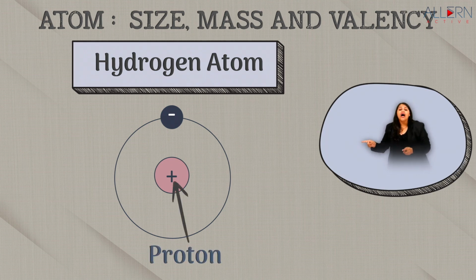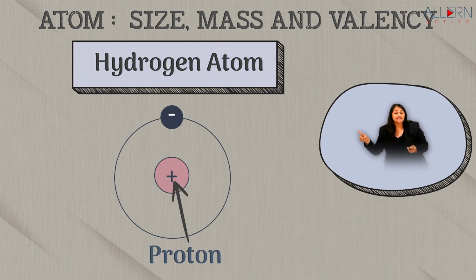That positive charge is because of the proton. Now, because we've already understood, this proton is present inside the nucleus. Thus, that red colored circle which is giving us the positive charge is nothing but the nucleus itself.